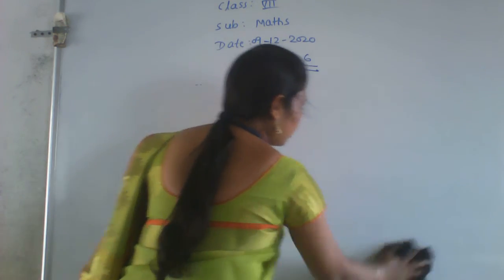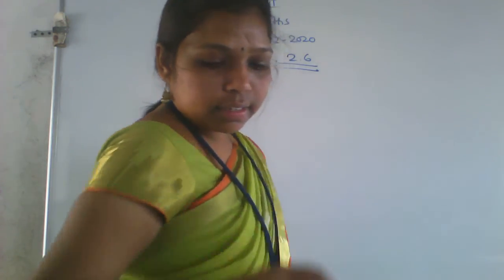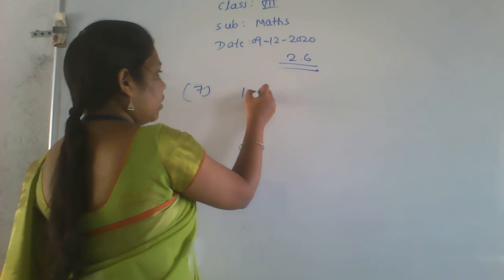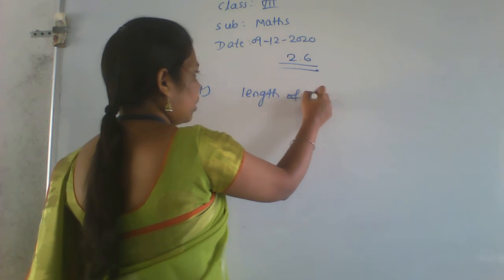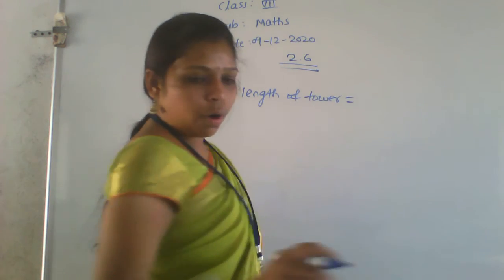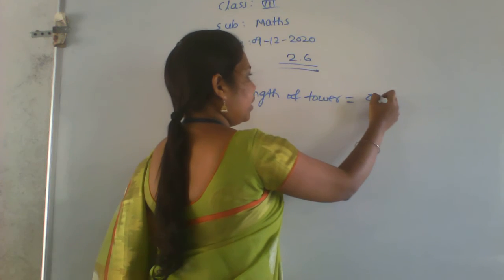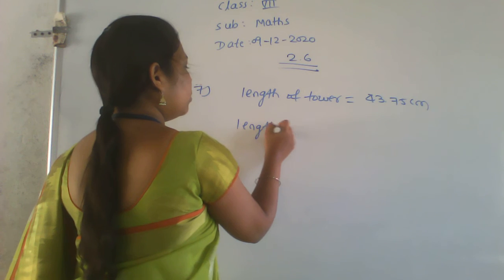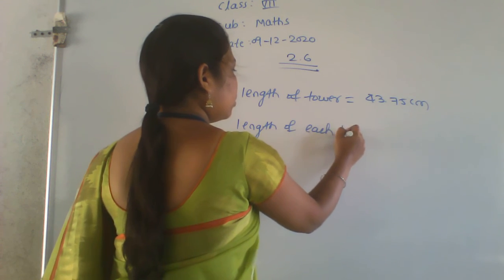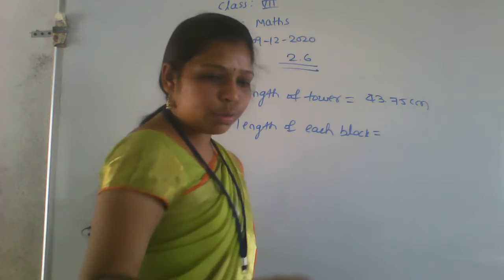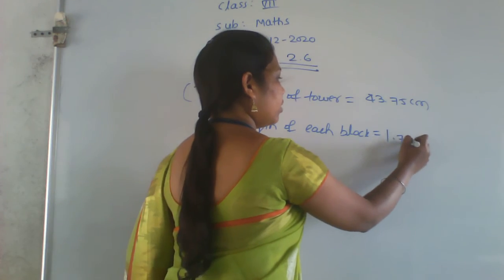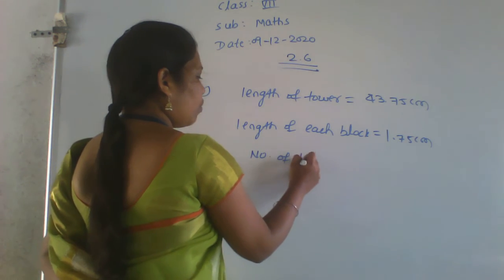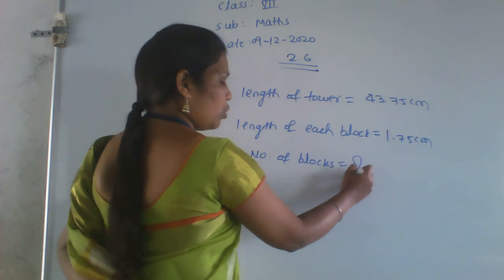The length of the tower is 43.75 centimeter. The length of each block is 1.75. So the number of blocks is a question mark.